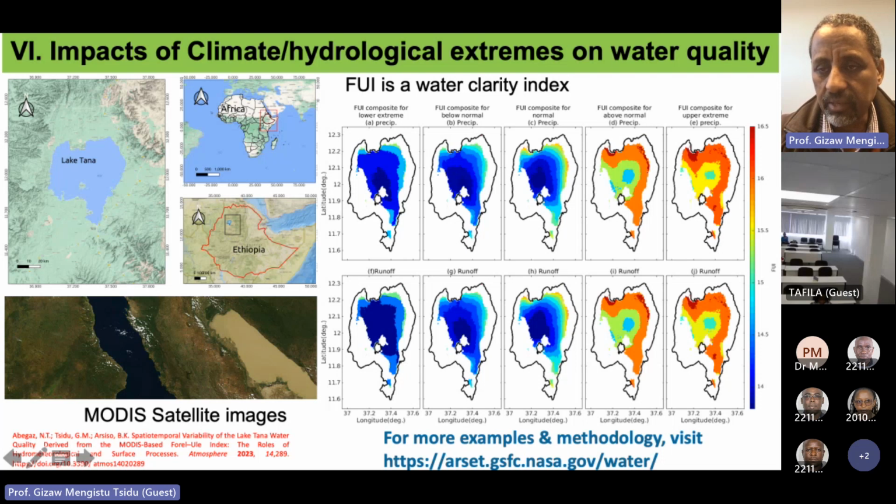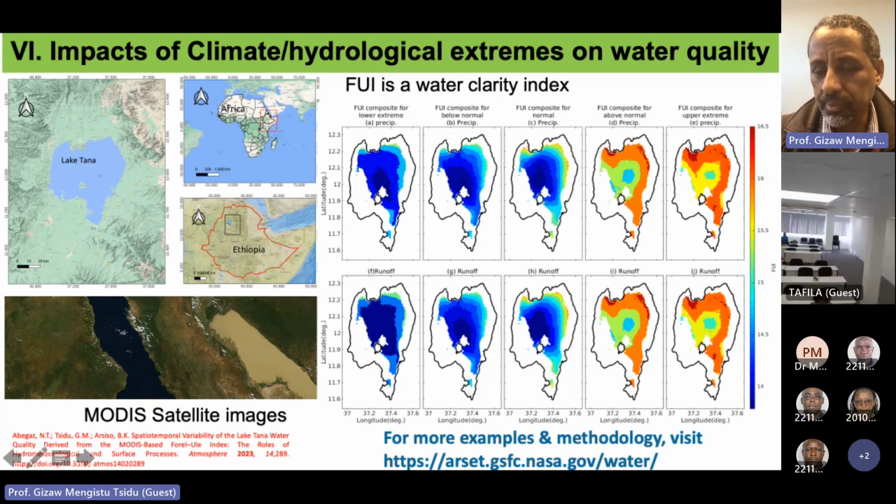It represents the FUI index for 5 cases: extreme precipitation, above normal precipitation, normal precipitation, below normal precipitation, and extremely low precipitation.